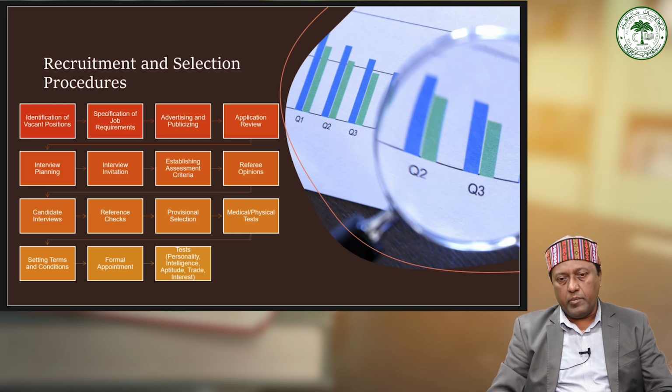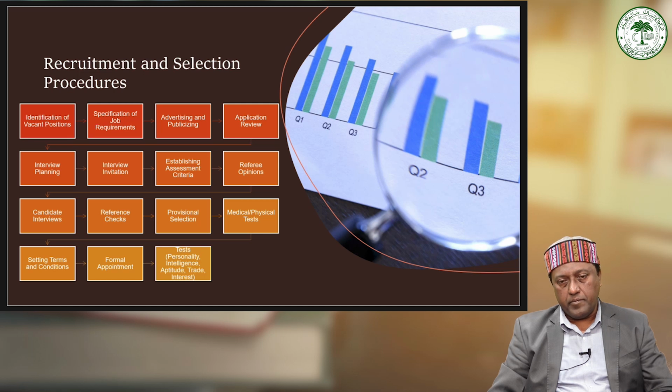What can be done is inviting applications by advertising the job openings in national, state, or local newspapers, as well as through other media channels such as radio and television, and publicizing information through employment guidance bureaus and professional associations to ensure broad exposure. Because if it is not advertised well, you will not get people from different parts of the country.